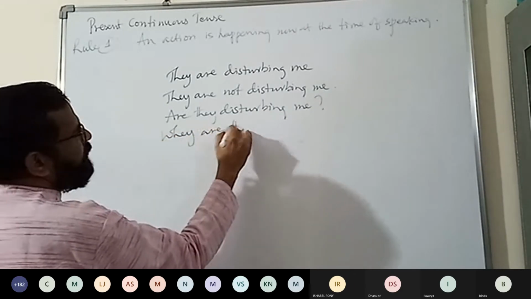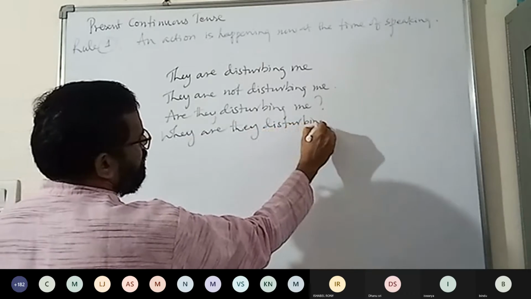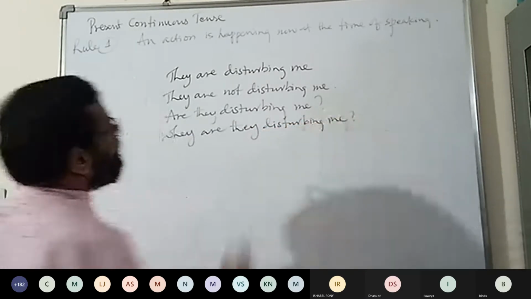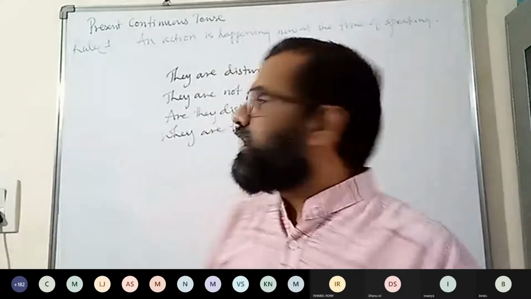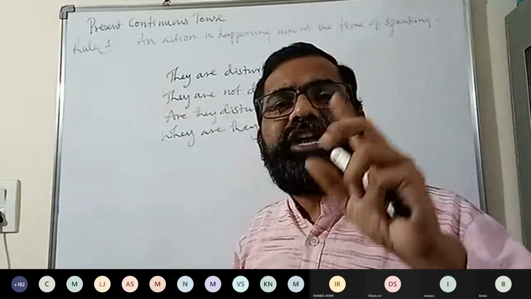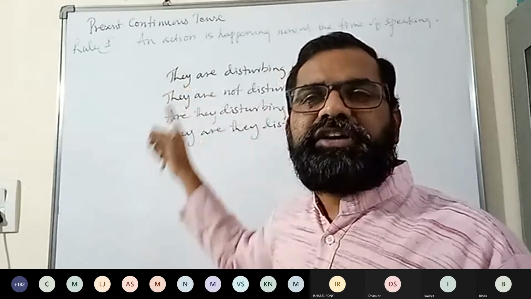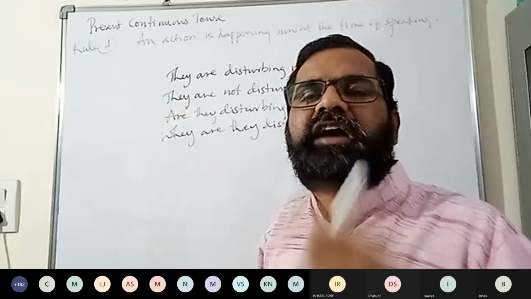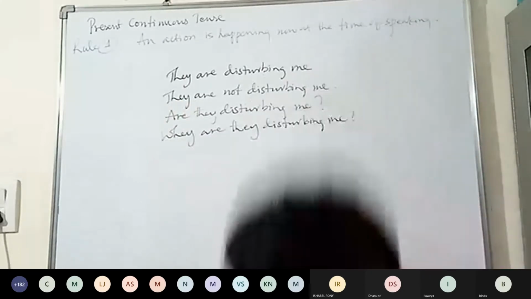Why are they disturbing me? All right. So there is a plural subject. We looked at I, we looked at singular subject. Now we are looking at plural subject. Take down these examples and try a few sentences on your own for plural subject.